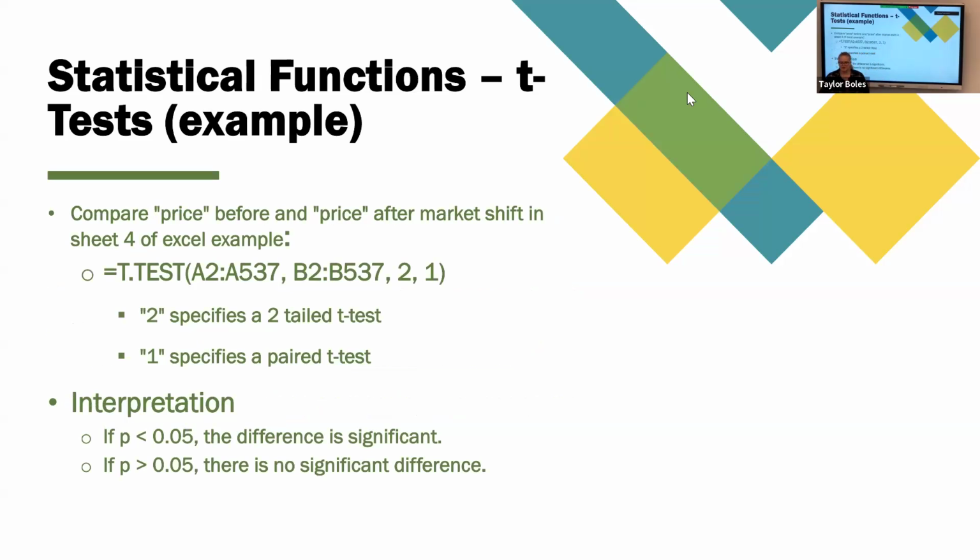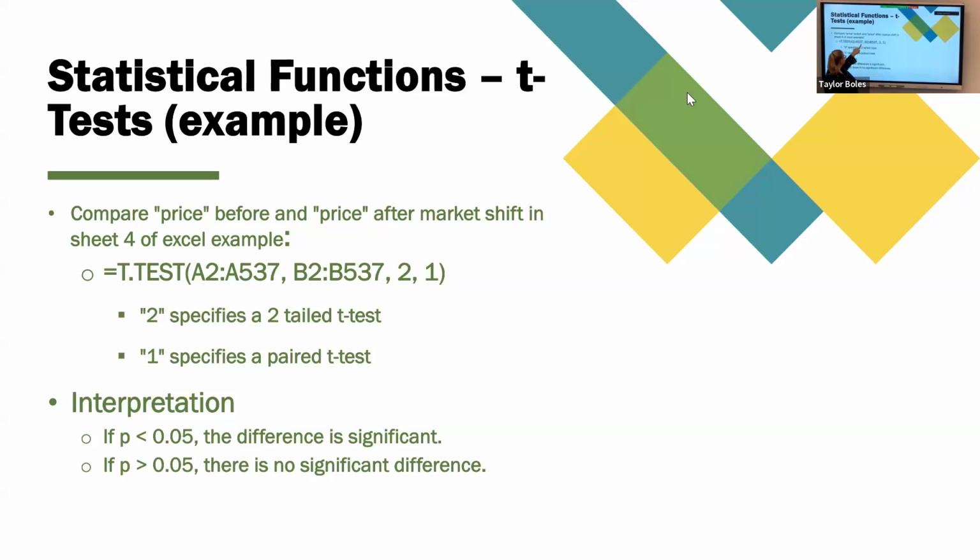If you'll turn to or look at sheet 4 of the Excel, if you have it, I put in 2 columns. I put in a price before a hypothetical market shift and a price after the hypothetical market shift. And then the other value is the t-test function. So this is your t-test.